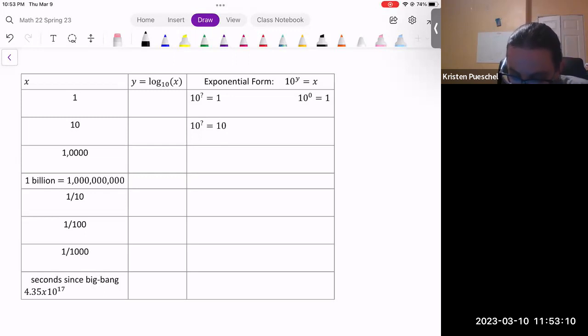In order to do this, we convert it to exponential form. So this is the same thing as saying 10 to the what gives me 1? We know 10 to the 0 gives us 1. And so the log base 10 of 1 is equal to 0.